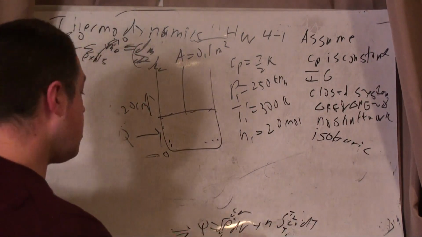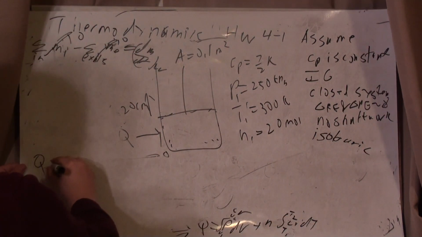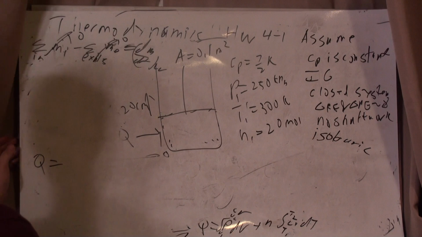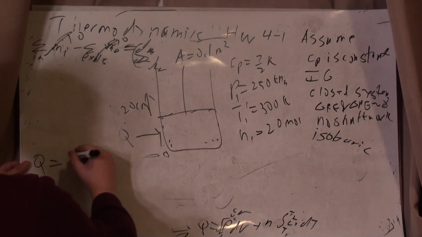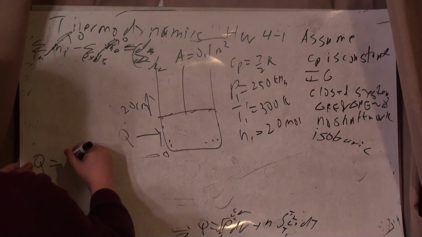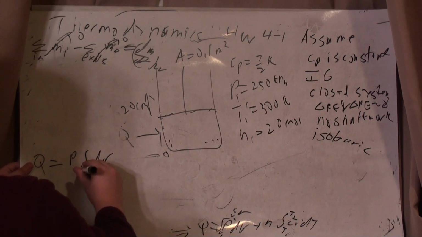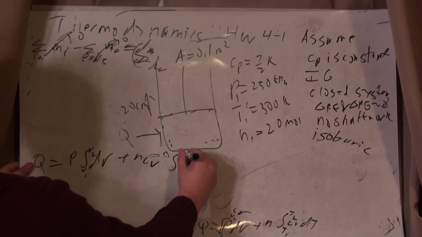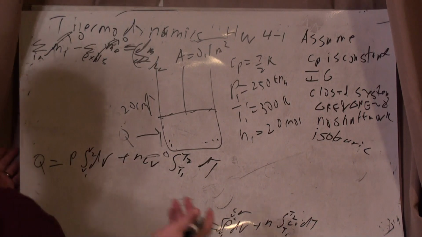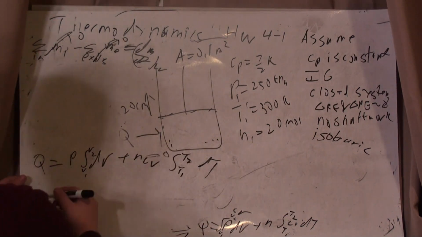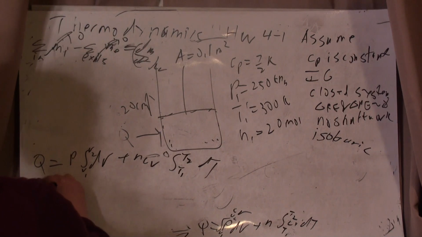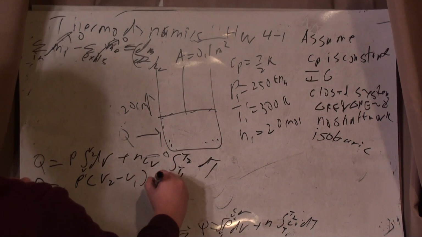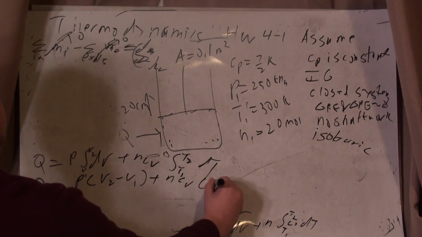We're already assuming that Cp is constant, so Cv is going to be constant as a result. So this becomes the integral of P dV from V1 to V2, plus n Cv times the integral of dT from T1 to T2. Those are just normal integrals, so my Q is going to equal P times (V2 minus V1) plus n Cv times (T2 minus T1).